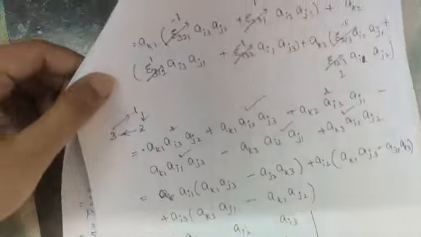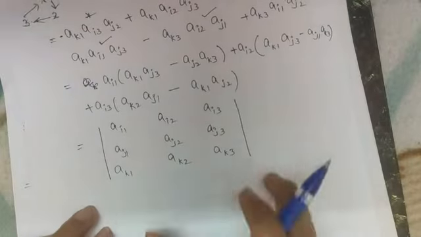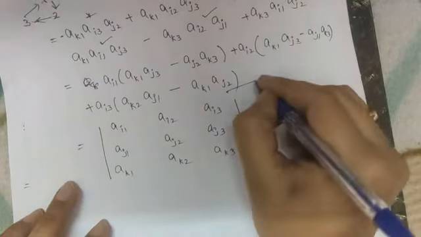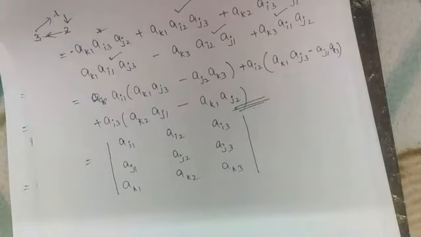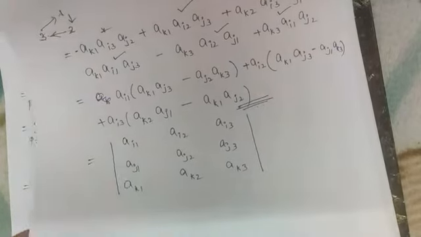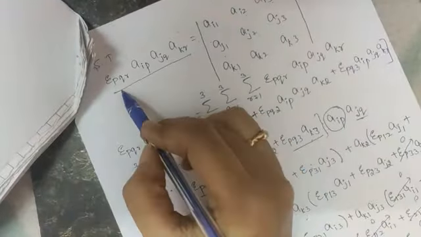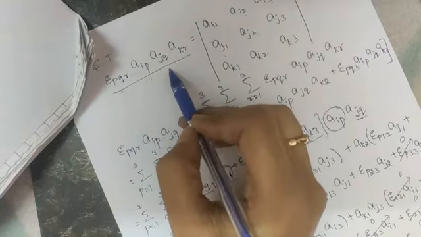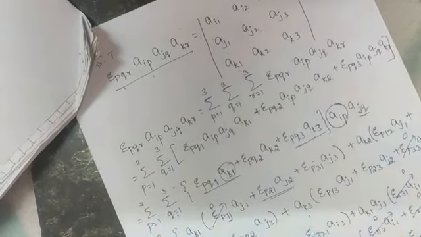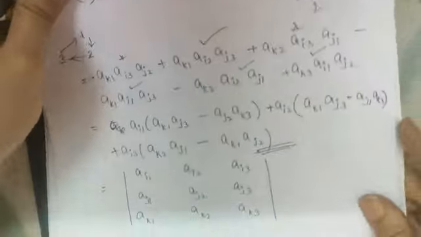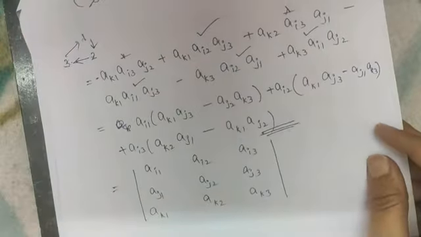You can check if you have any doubt. So the determinant of this value is nothing but this. That means we have proved that epsilon PQR AIP AJQ AKR is equal to the determinant of this value, right? So this is how we prove this identity.